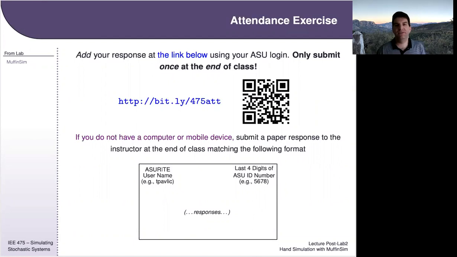So in your best description, it could be a mathematical one, that's fine. Can you tell me, what is a rough description of a martingale? Or what property does a martingale have? So that's the first attendance question for today.